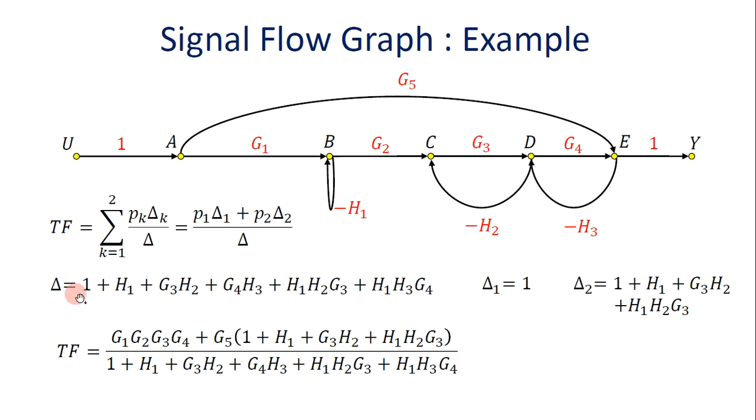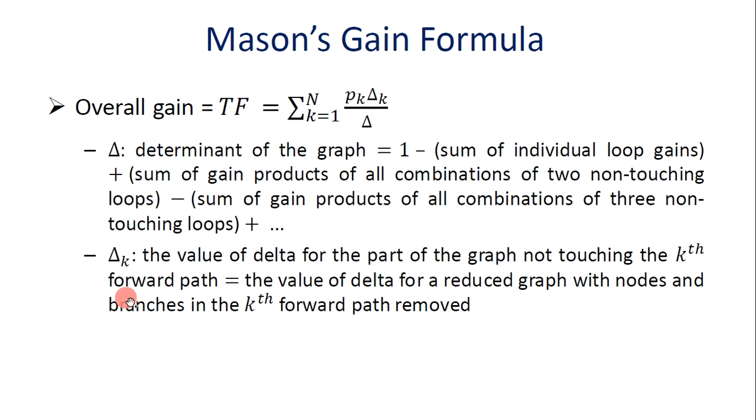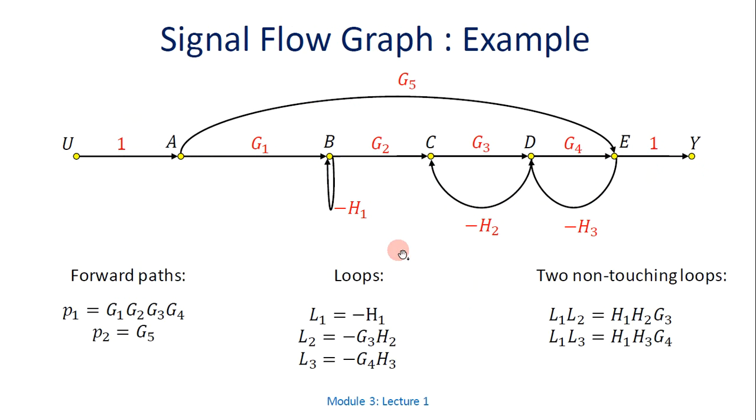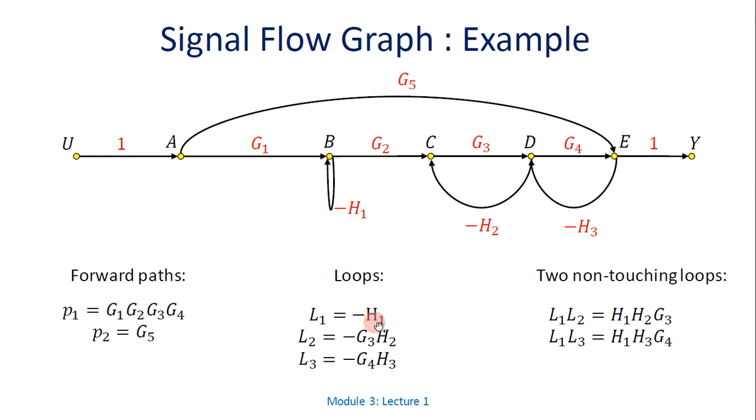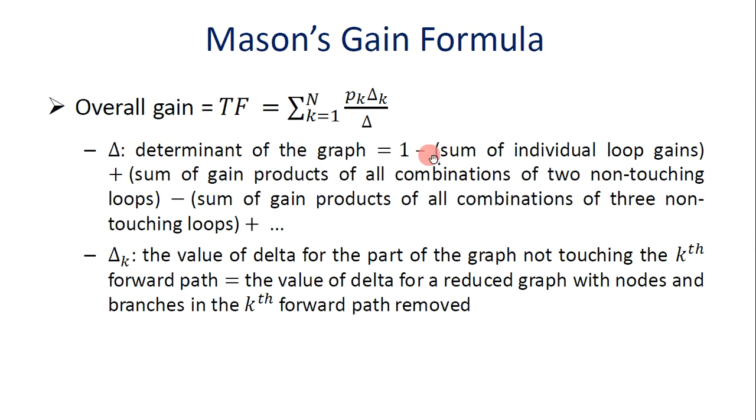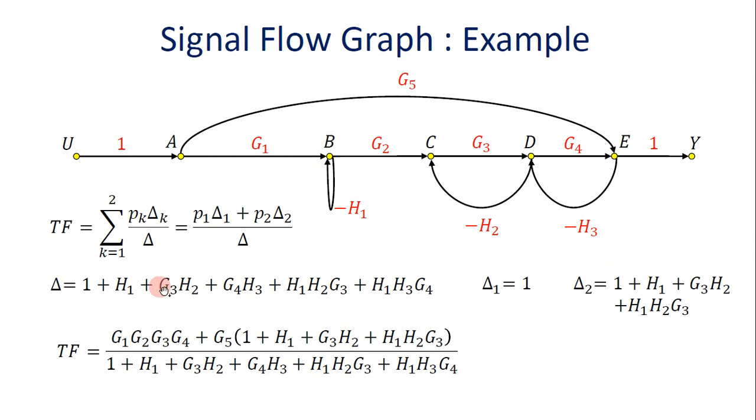And how do we write delta? Let us see the formula of delta: 1 minus the sum of individual loop gains. We have individual loop gains as minus H1, minus G3 H2, minus G4 H3. Since minus is common in these three terms, it becomes 1 minus of minus, that is plus H1, G3 H2 plus G4 H3.